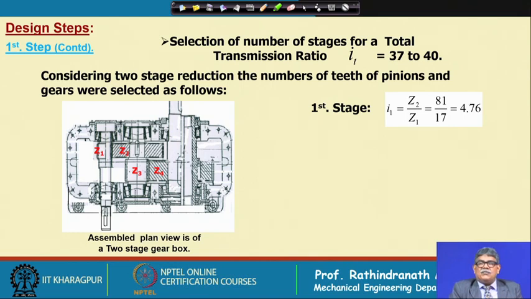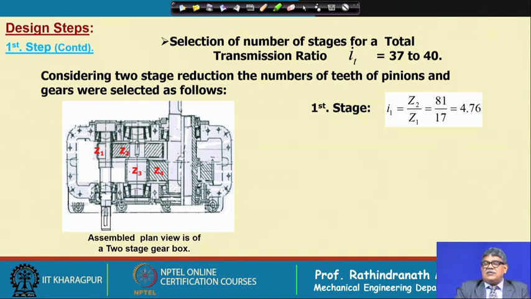So, we can go for such a ratio, but the problem is that if we take that ratio in the first stage and second stage where the torque is more, then you will find that gearbox size will not be optimum. This gap will be big. So, we take the first stage less and the second stage slightly higher.